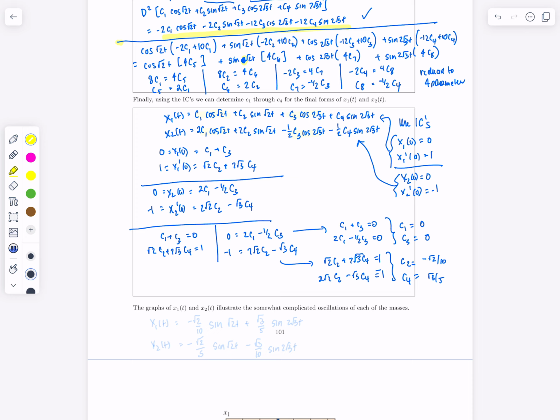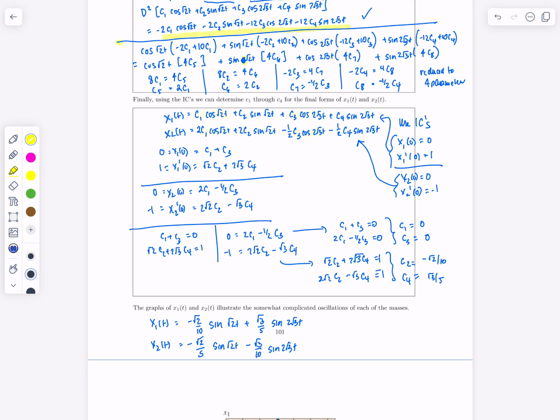We have that x1 of t is nothing but negative 2 on the square root of 10 sine square root of 2 of t plus square root of 3 over 5 sine of 2 on the square root of 3t. x2 of t is negative square root of 2 over 5 sine of square root of 2t minus the square root of 3 over 10 sine of 2 on the square root of 3t.